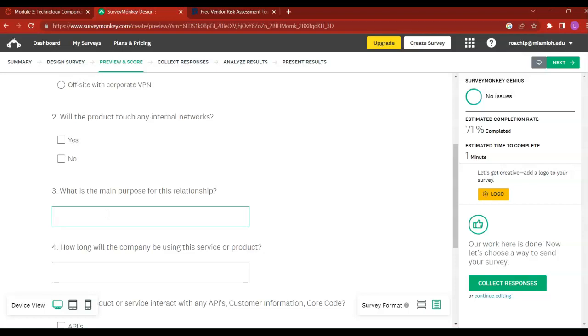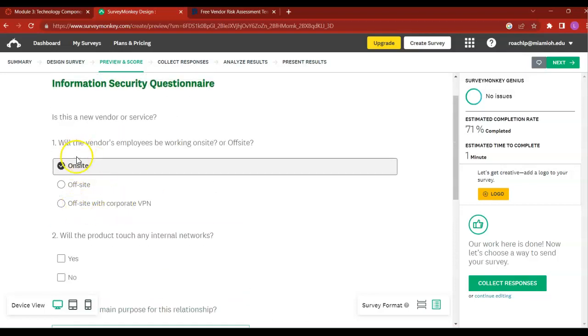That's what I want my final project to have as well, because some of these questions do require an actual written response and not a yes or no. However, with this question here, is the vendor employees on site or off site? There's no need to have to write that answer out. So I like that there's the ability to select different options here. And that's something that I'm going to be taking going forward.